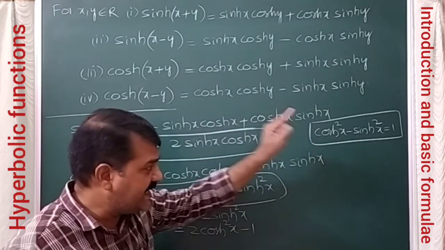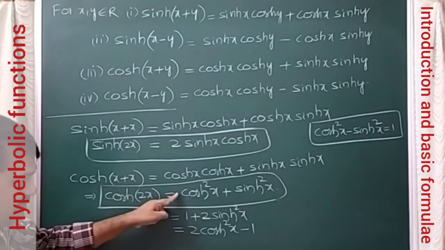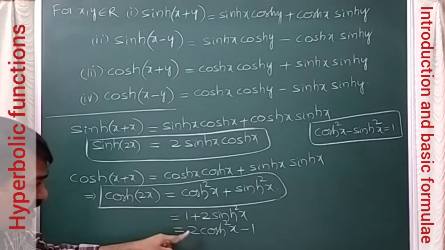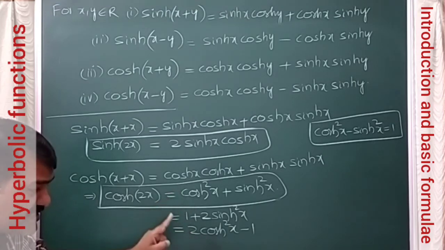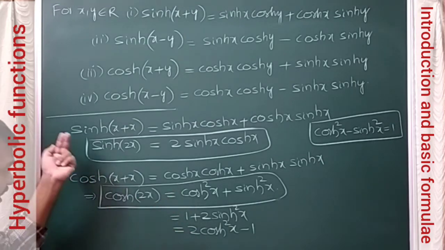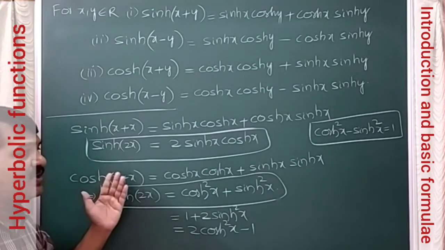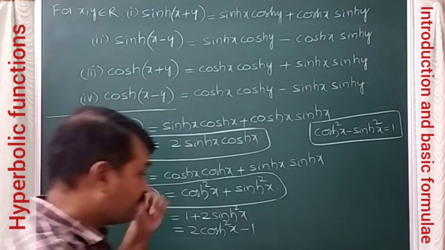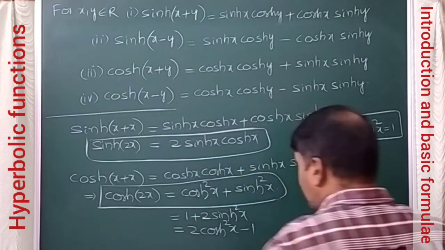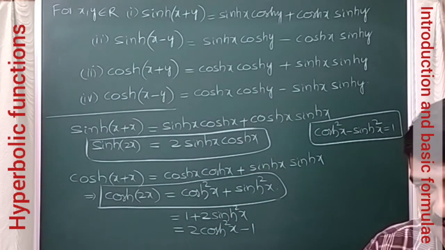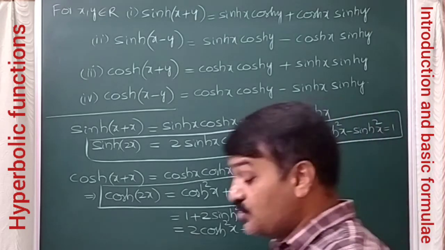When you use the identity, you can express the formula like this in terms of sinh x or like this in terms of cosh x. So for sinh 2x and cosh 2x, we got both the formulas here.